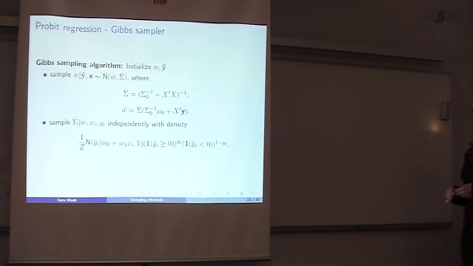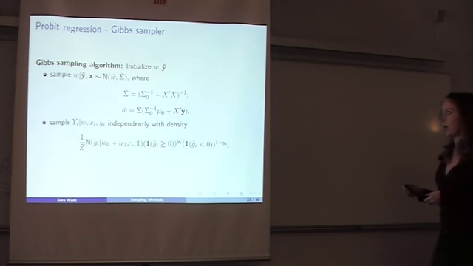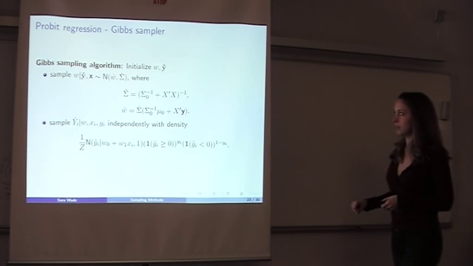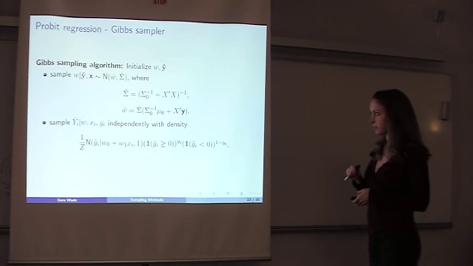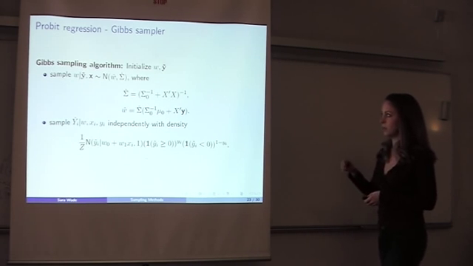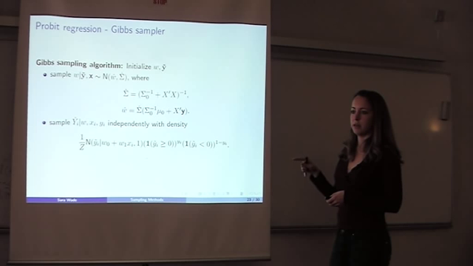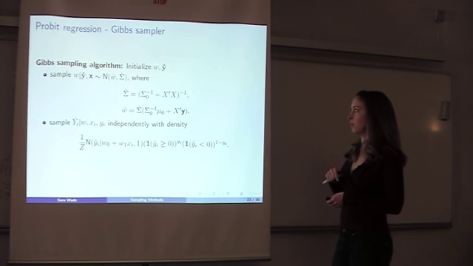So the Gibbs sampling algorithm proceeds by initializing our weights and our latent variables y tilde. Then we sample the weights conditional on the latent variable y tilde and x.